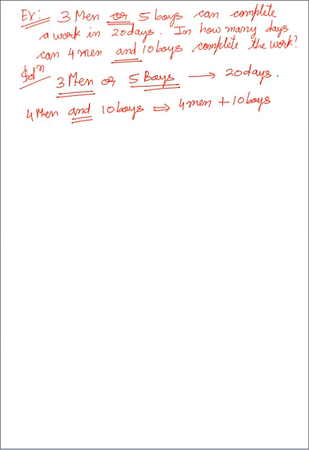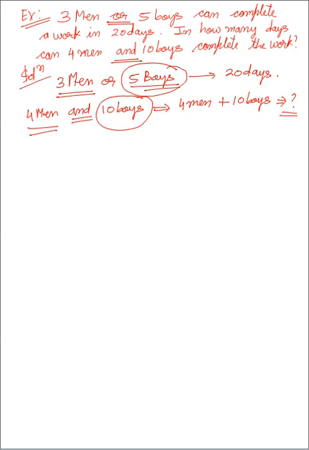Okay, and how many days we have to find out. Here one thing you can note, that in the given data it is 5 boys, and they have asked 10 boys. Of course there are 4 men also, but here we can easily convert boys into men.